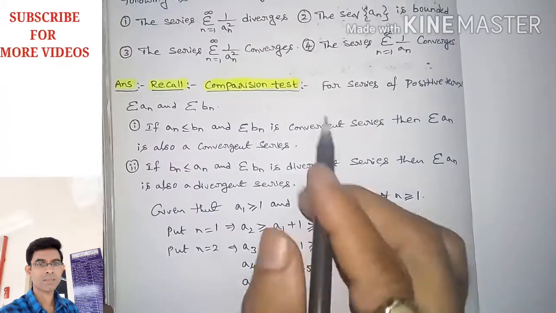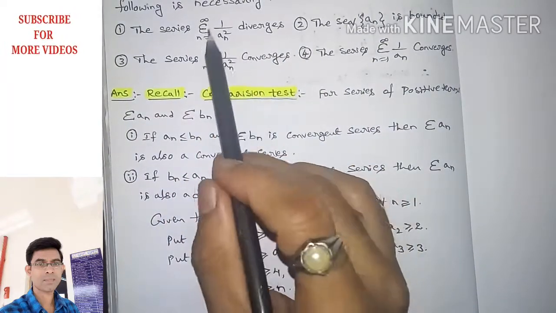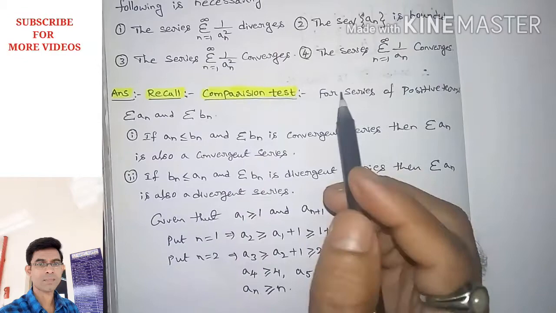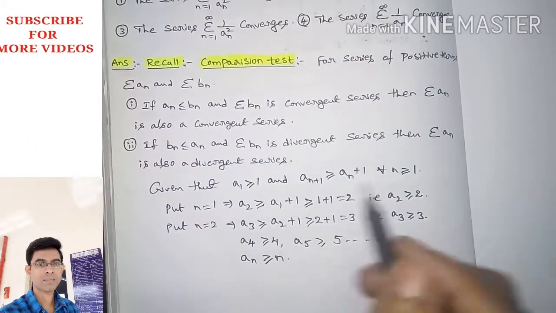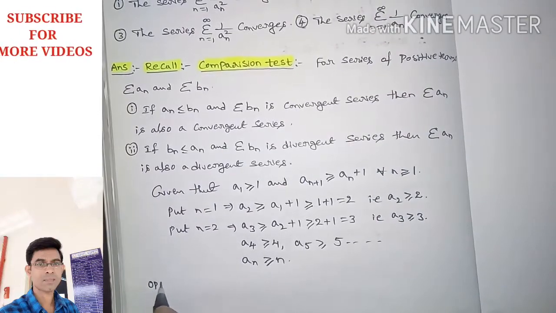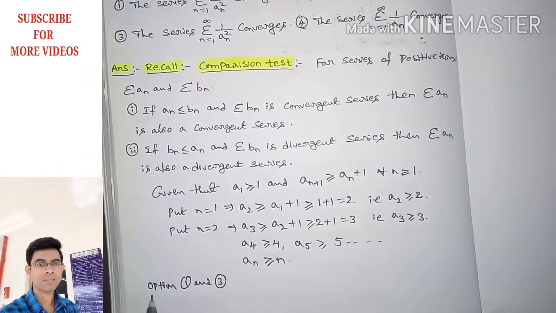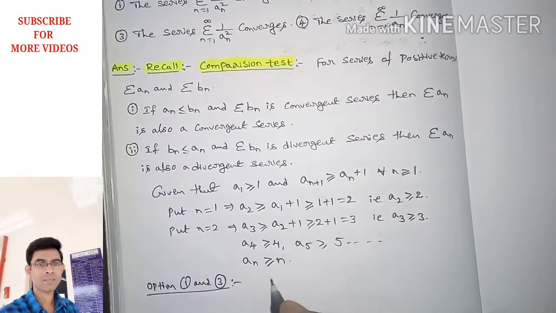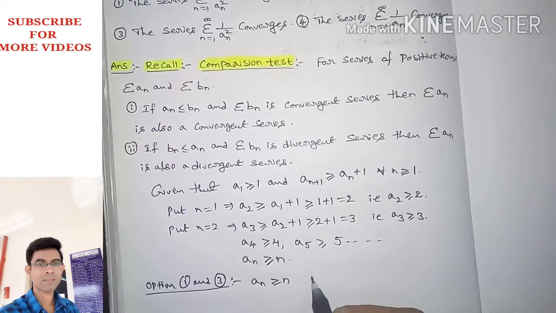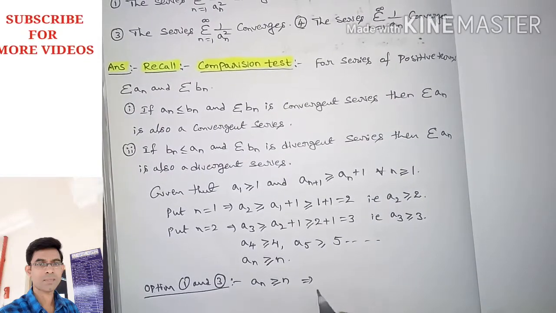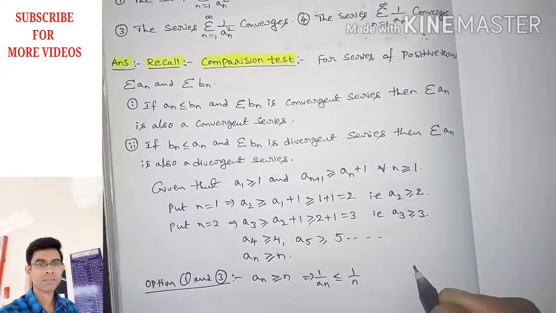Now we will check option number 1 and 3 because they are about whether the series diverges or converges. So for that, here we have a_n ≥ n. Taking reciprocal values, 1 by a_n is less than or equal to 1 by n.